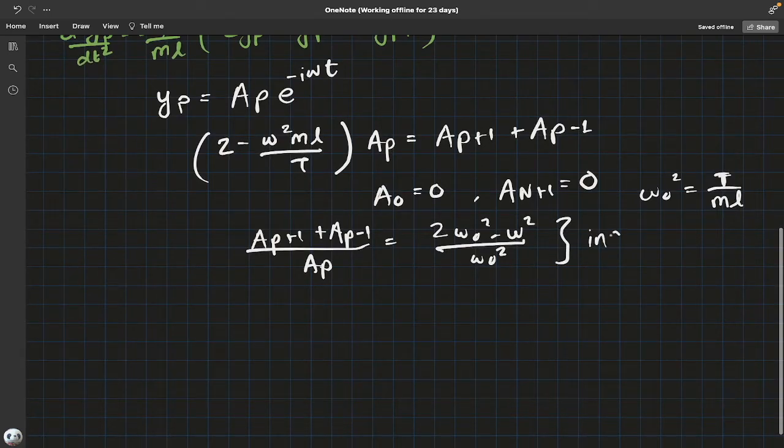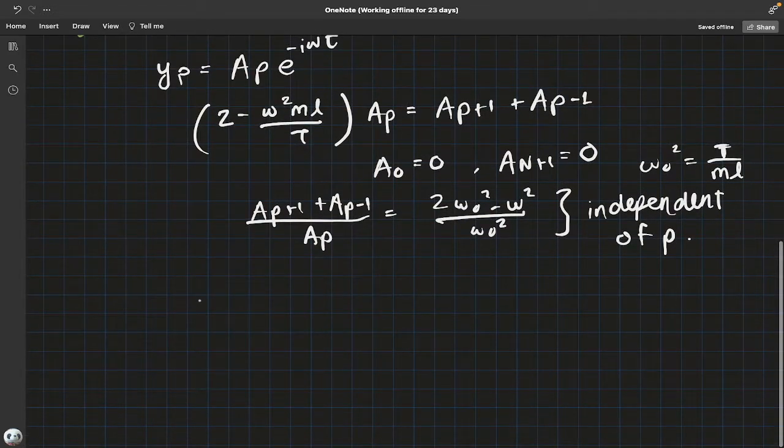The right hand side is independent of p. Now, this wasn't really obvious at all. But one way of achieving this, one way of determining what functions these amplitudes should be, is to guess that there should be some constant times sine or cosine, let's pick sine for now, of p times alpha, where alpha is some angle we don't know.